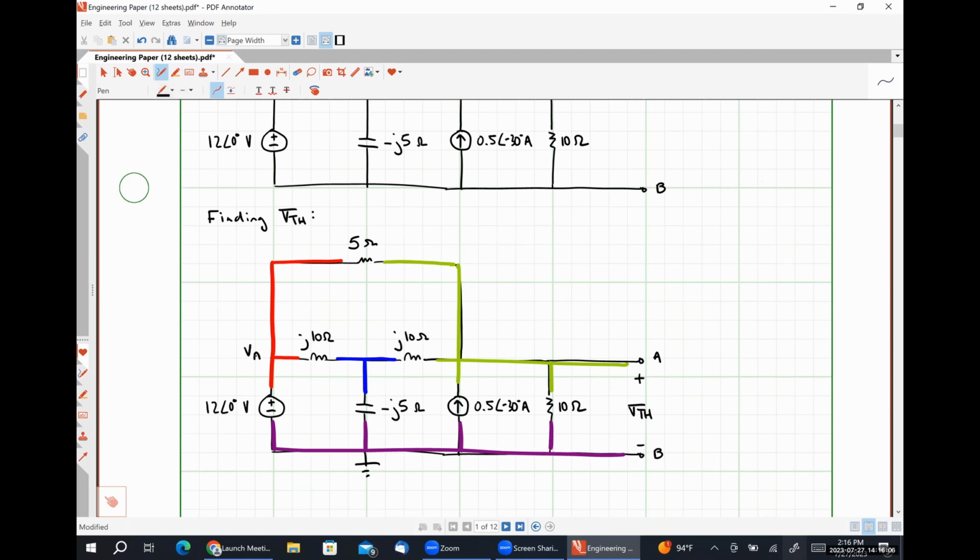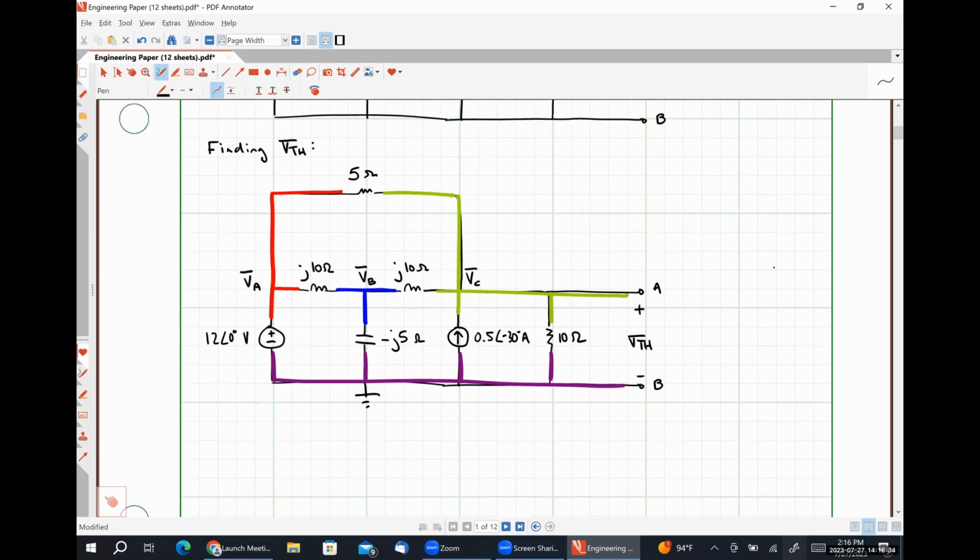So I'm going to call this one over here VA, this one in the middle VB, and this one in the middle VC. And we should be able to see fairly easily that if we can find VC, that's the same thing as finding our Thevenin voltage, since the Thevenin voltage is measured from terminal A to terminal B, or between node C and our ground node, okay?